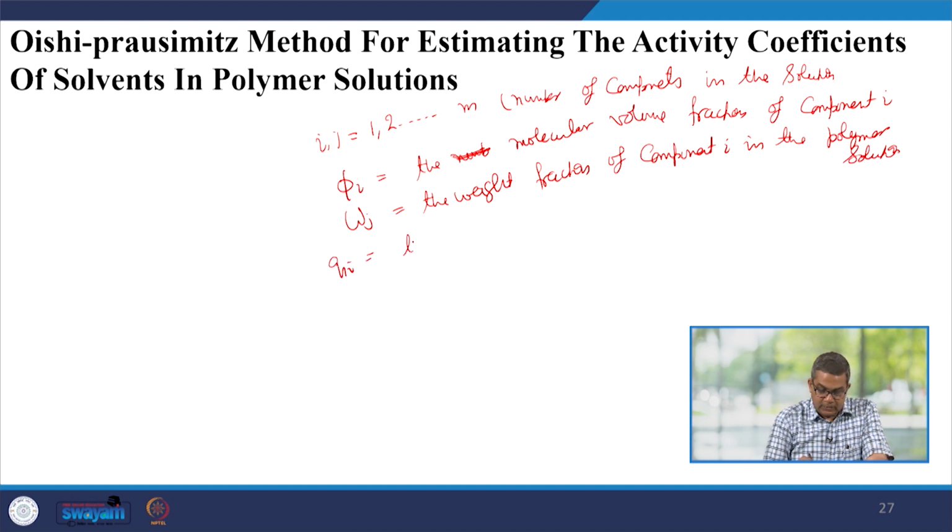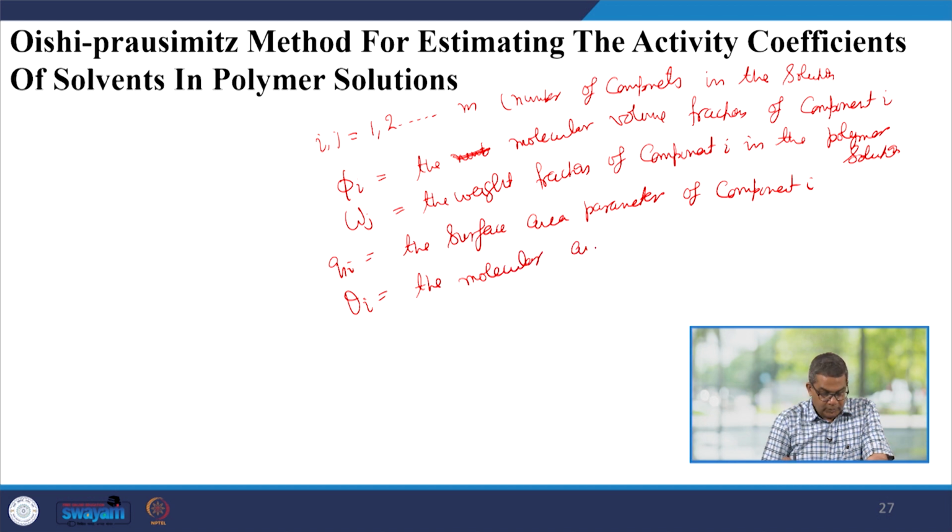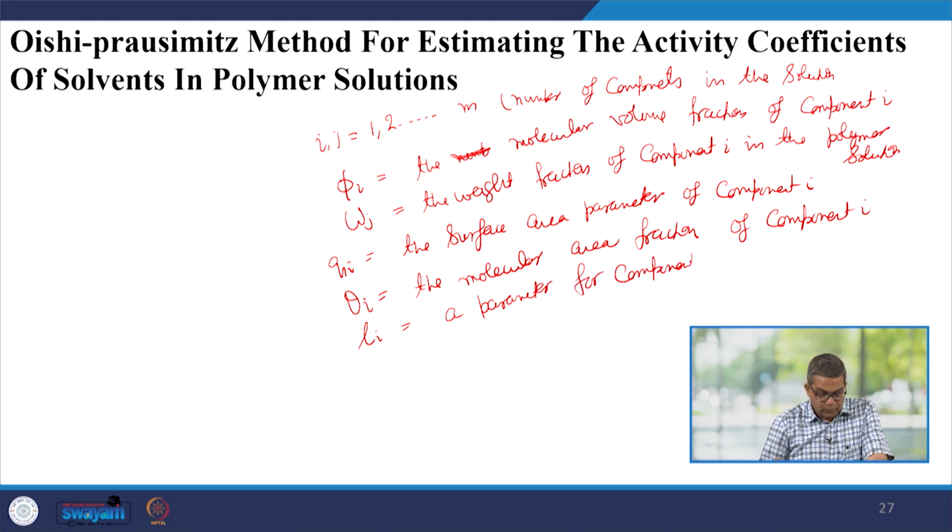Qi is the surface area parameter of component I. Theta I is the molecular area fraction of component I. Li is a parameter for component I.